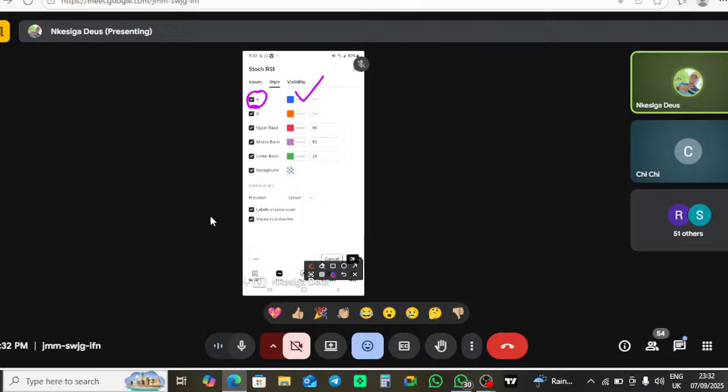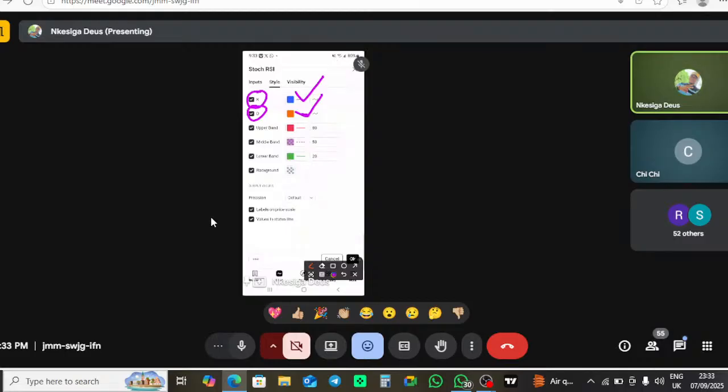Here we have D, and we are going to choose orange. I told you the colors don't matter. What matters is what the color is representing. Are we together? I think we are together.